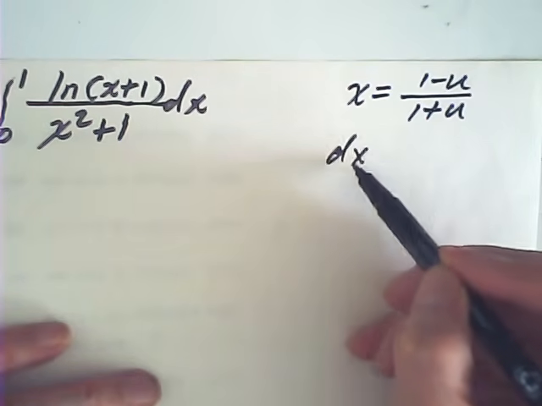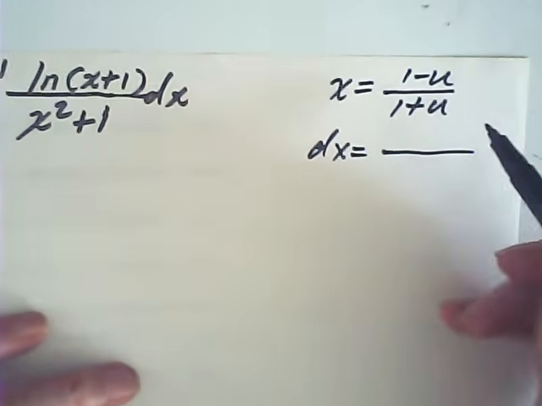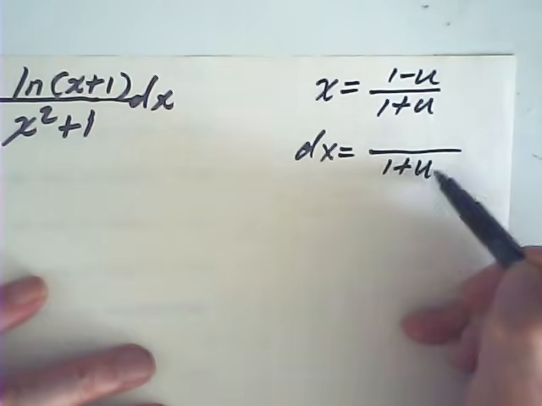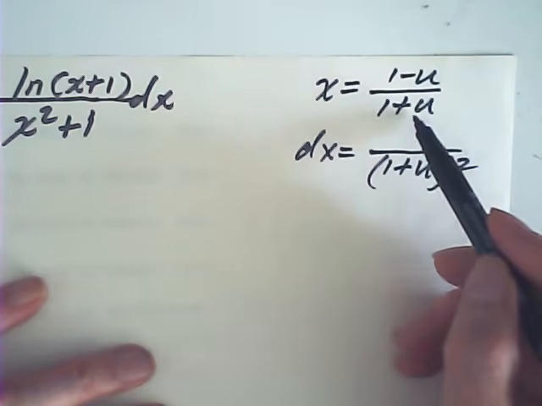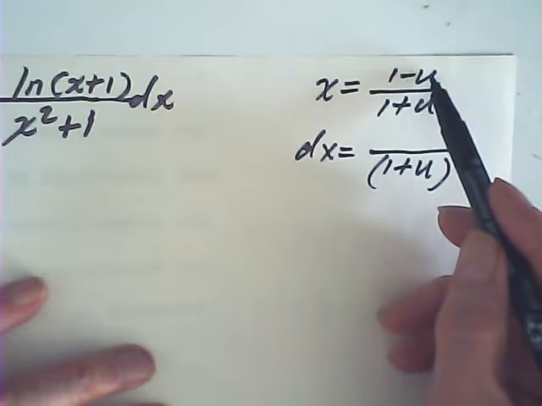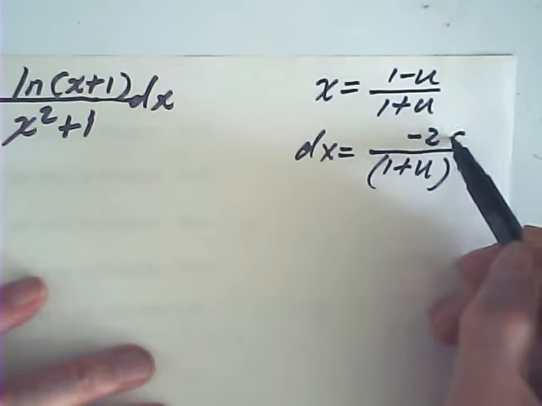And my dx will be, using the quotient rule, the denominator squared, and the derivative is a negative, then this one minus this derivative times this one. So it ends up with minus 2 du over (1 plus u) squared.